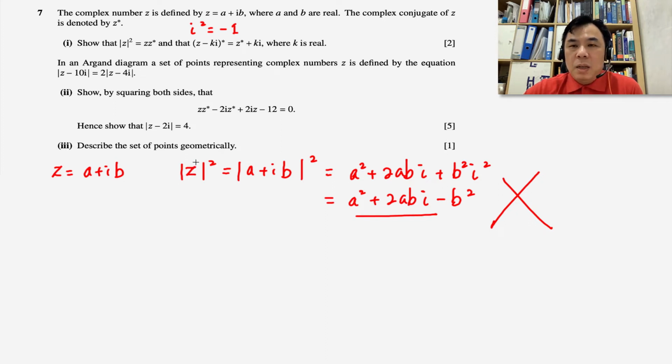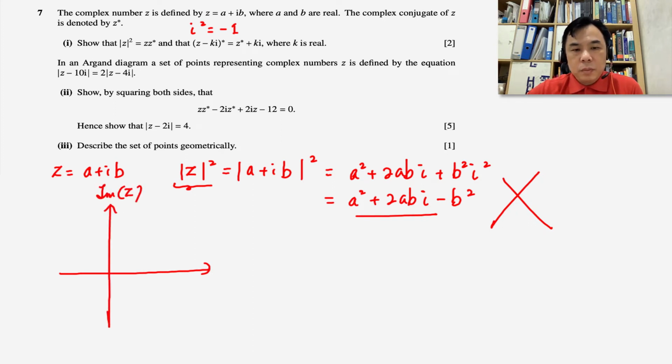What that actually means by this symbol is something like this. So you need to be very clear here. If I were to draw out the Argand diagram, this is a complex number that has A unit to the right and then B unit up. So the complex number should be somewhere here.